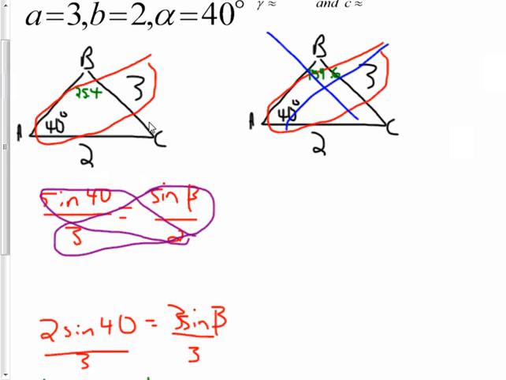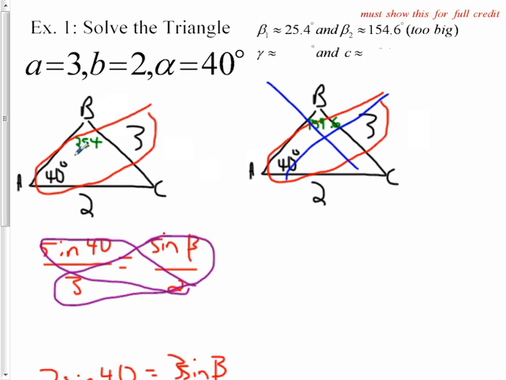So here I can find angle C by subtracting 25.4 from 180, and you would get that angle C comes out to be 114.6. And then I set up the law of sines, again using my newfound angle measure along with my givens.